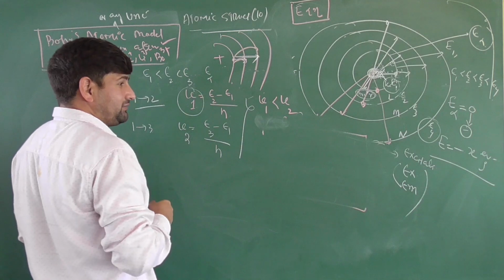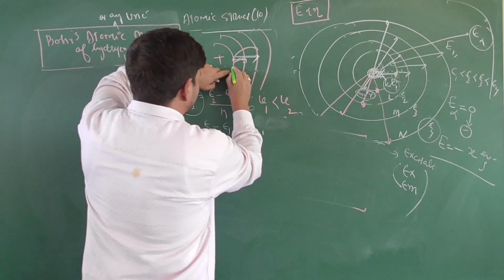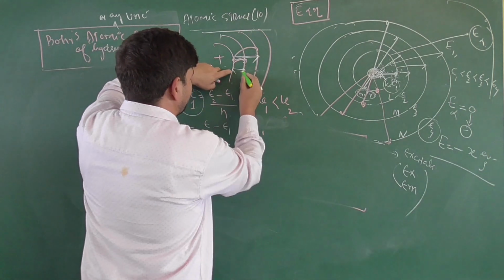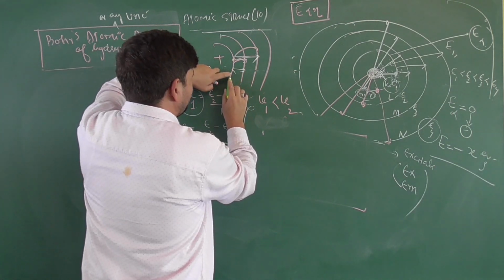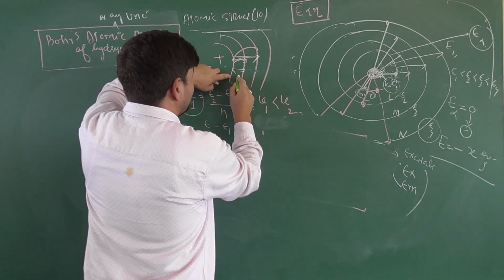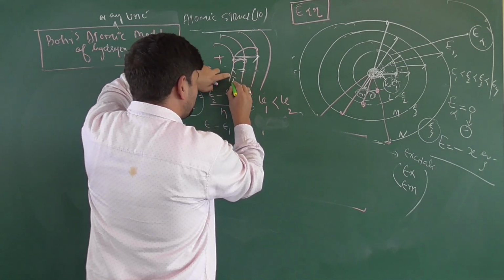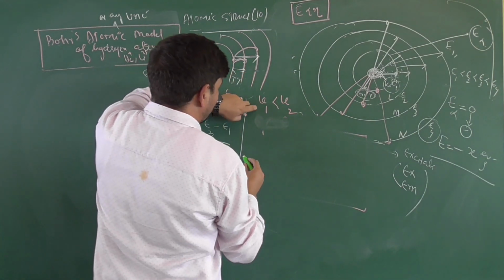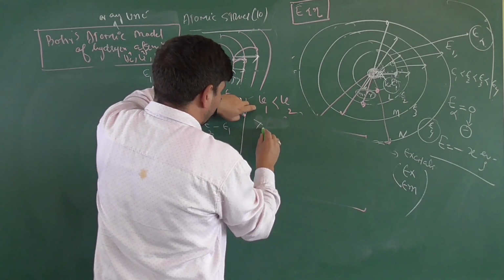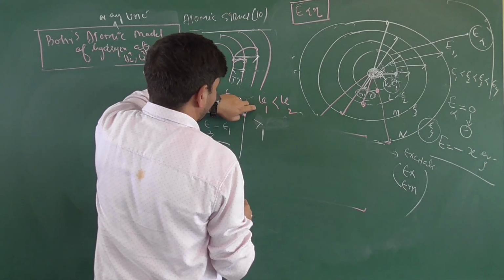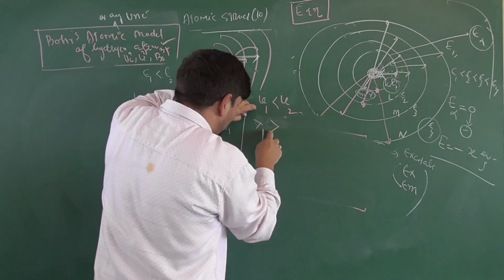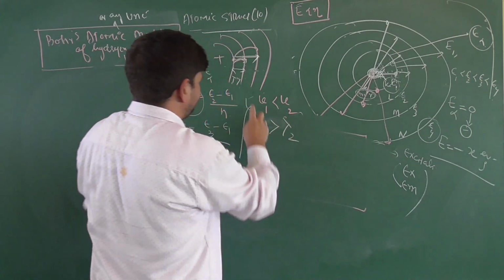Frequency and wavelength are inversely proportional. So to shift an electron from E1 to E2, I need less frequency. That means here I need more wavelength. Then it will mean wavelength 1 will be more than wavelength 2.